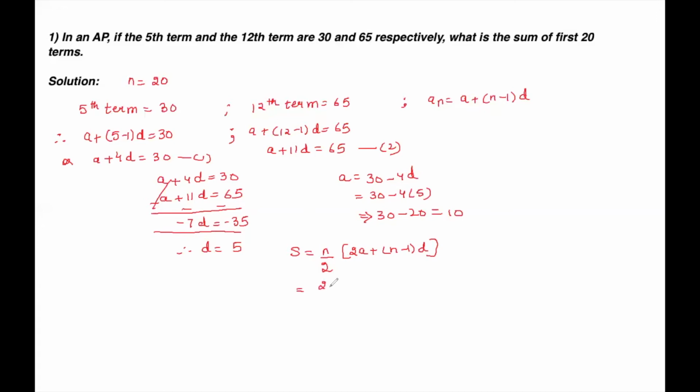So n is equal to 20 divided by 2 into a, that is equal to 10, right? Plus n minus 1, that is 20 minus 1, into d, that is 5. Okay. Now what I'll do is I'll solve it. So it would be 10 into 20 plus 19 into 5, right?